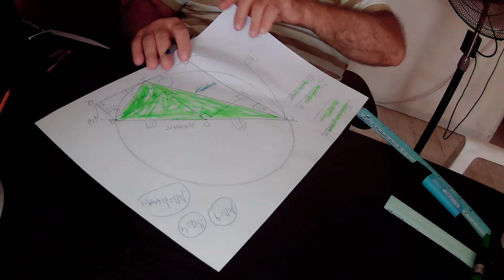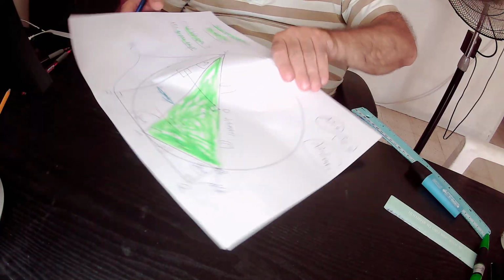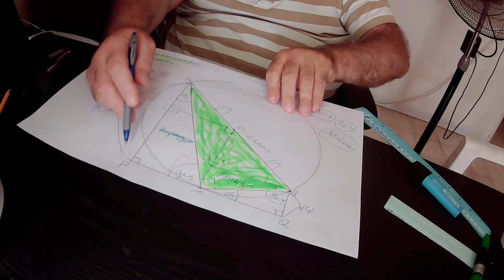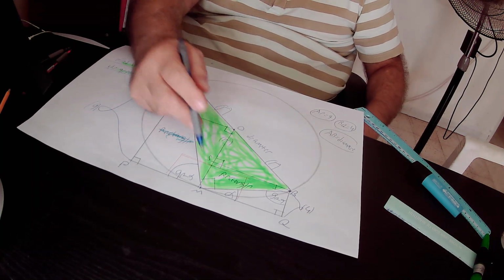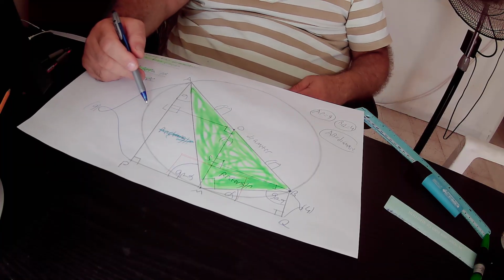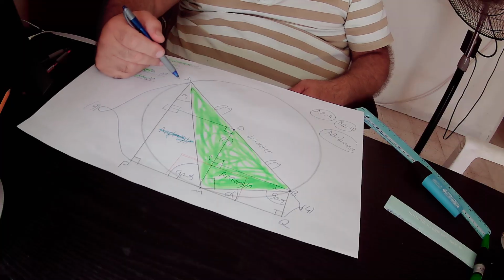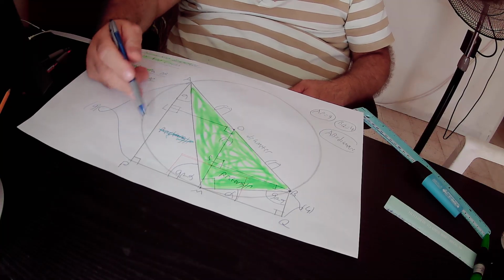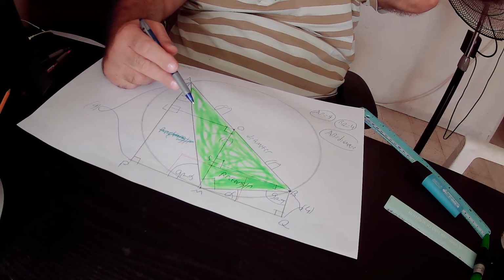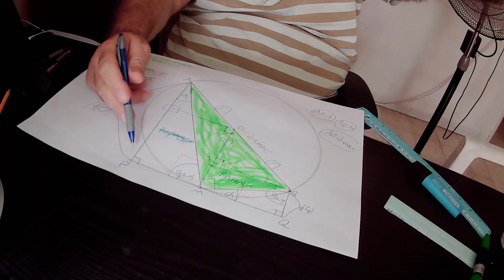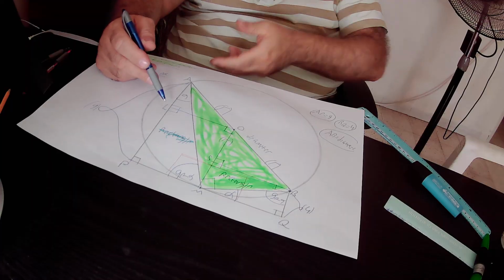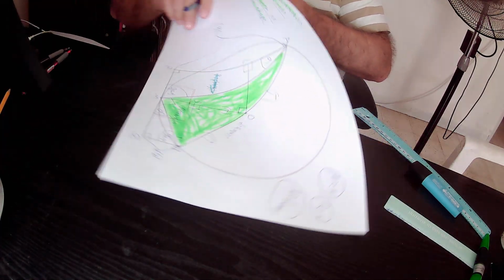So in the big rectangle LPMO, side LP is parallel to the opposite side OM. Again, LP is parallel to the opposite side OM. But LP is part of the straight line AP. So if a part of the straight line is parallel to another straight line, then the straight line itself, AP, must also be parallel to OM. So we should know that AP is parallel to OM.